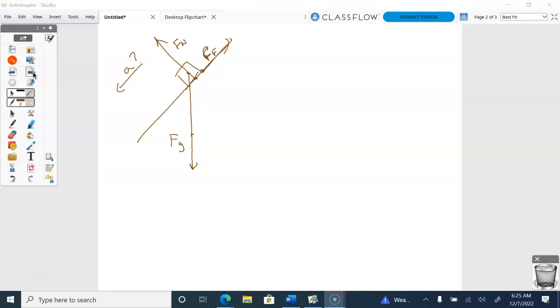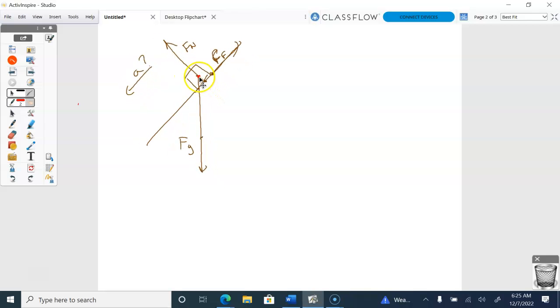So we use that idea that you hopefully learned before, which is components. We take the force of gravity and break it into the into-the-board direction, and then along the board direction. This is what they call force parallel and force perpendicular.